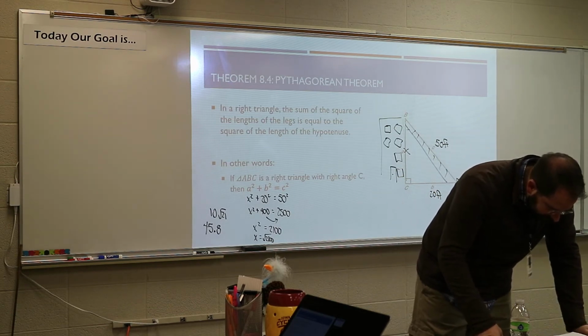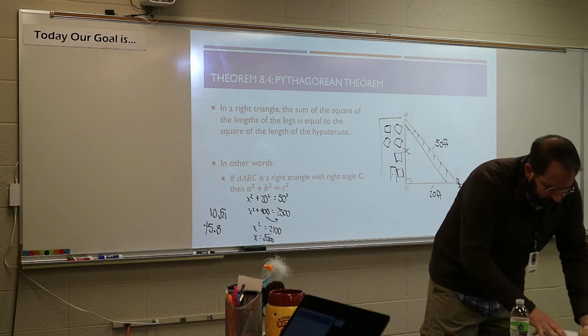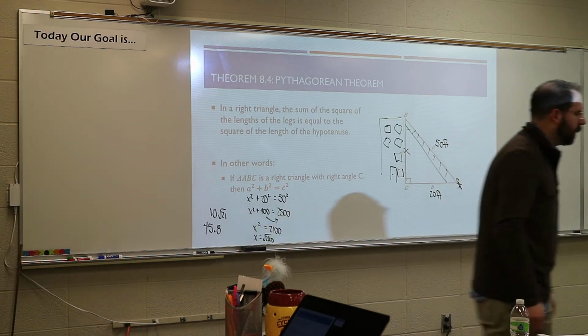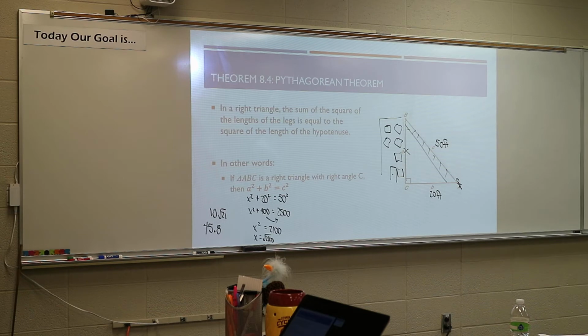Okay. 6, 16, 20. Oh, that's okay. All right. Draw a random triangle. Throw some numbers on. Try the Pythagorean. Okay. Keep going.